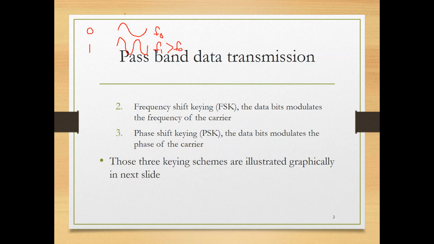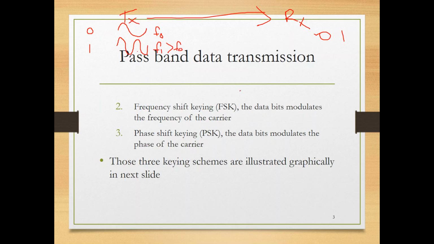So the transmitter sends to the receiver, and at the receiver side, when he sees this frequency, he represents it as 0, and when he receives this frequency, he maps it to 1.